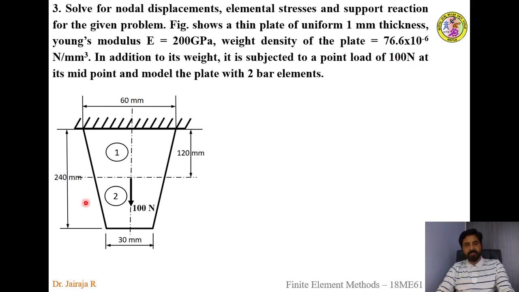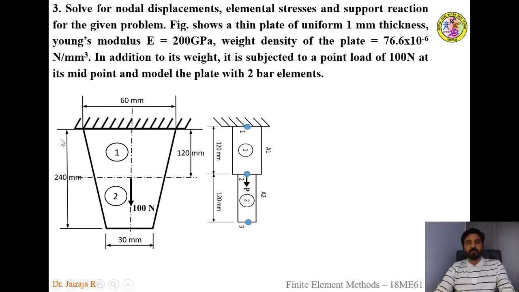The length of the plate is 240 millimeter, and each element length is 120 millimeter. We need to convert this tapered bar problem into a normal stepped bar problem. How to convert? Here we model two elements and three nodes, node 1, node 2 and node 3, and force is applied at node 2.